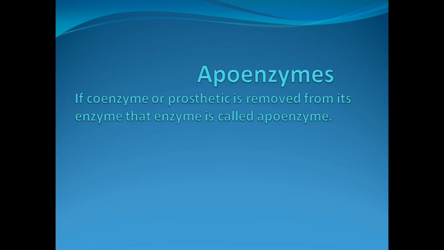And next we talk about the two other main terms which are described in this chapter. First is the apoenzyme. Enzymes have two main types of cofactor: a coenzyme or a prosthetic group. If the coenzyme or prosthetic group is removed from the enzyme, then this enzyme is called an apoenzyme.